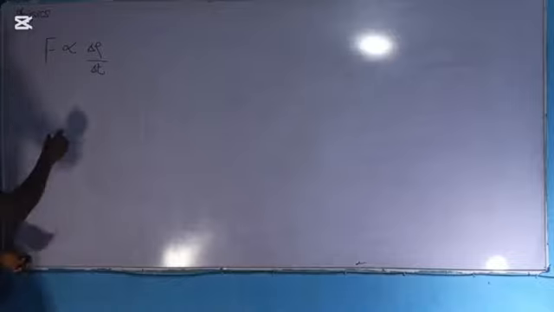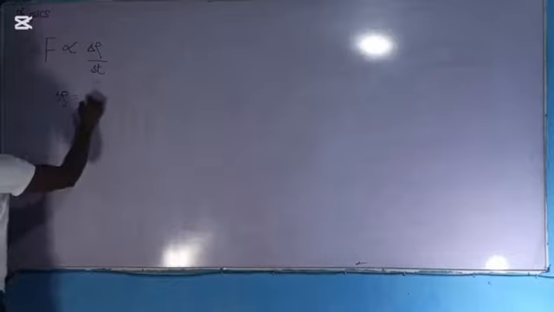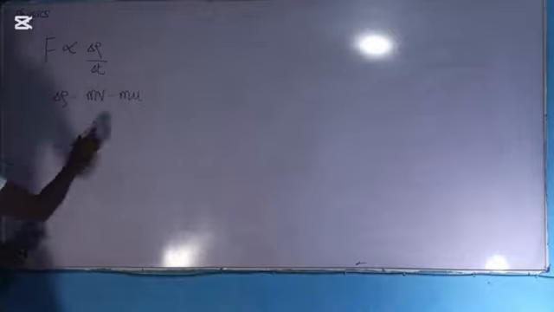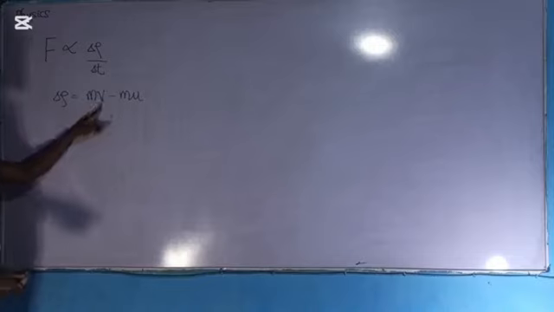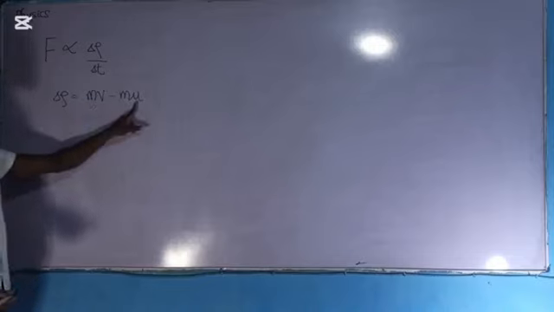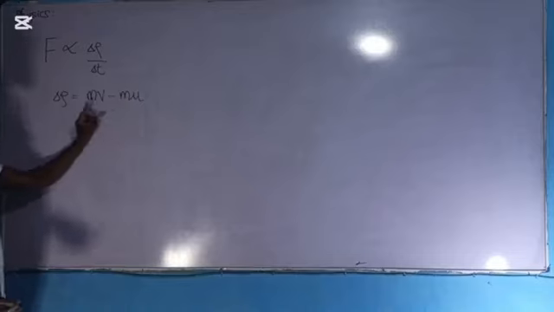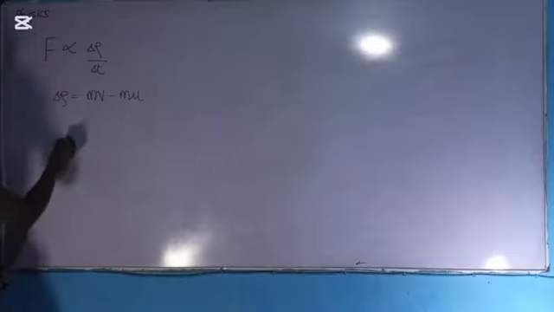So this means the change in momentum, which is the final momentum minus the initial momentum. Momentum is the product of mass and velocity, where v is the final velocity and u is the initial velocity. The mass of the body remains the same all through the journey. So we have mv as the final momentum, while mu is the initial momentum.